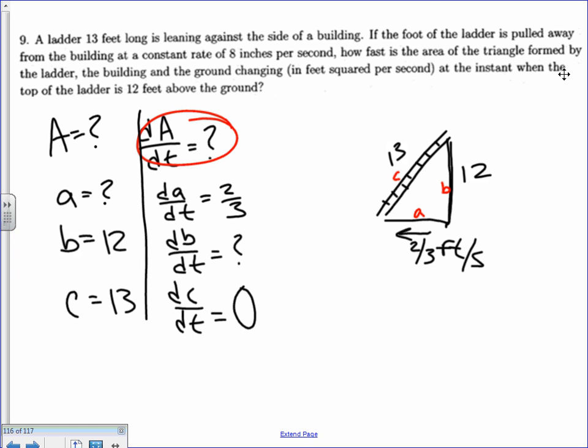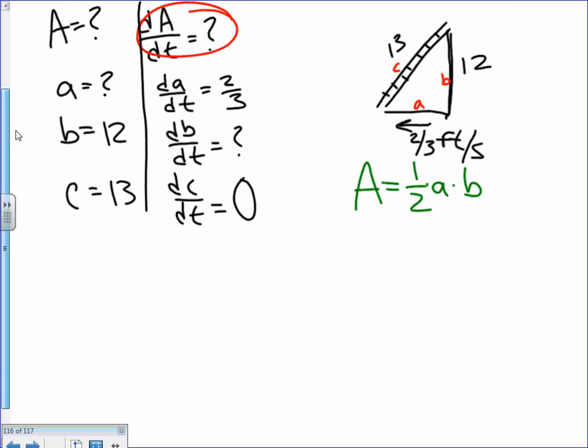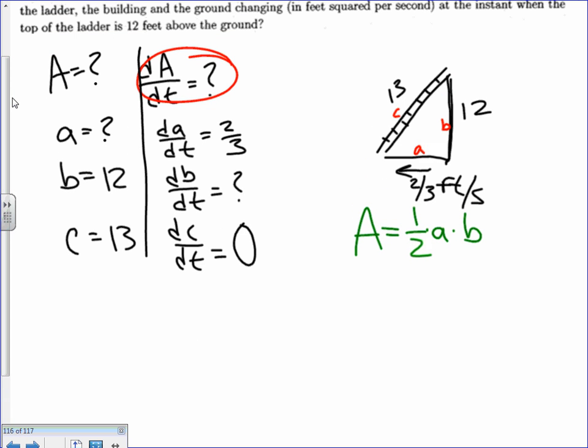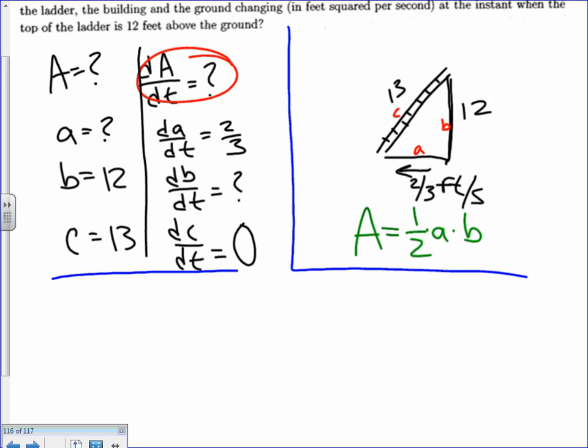So we need a formula that's going to get us a dA/dt. So we better set up the area formula. Area equals 1/2 times base times height, but in this case, times lowercase a times b, because those are the variables I'm using. I'll divide up my screen here and here.